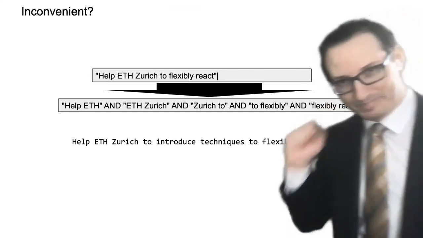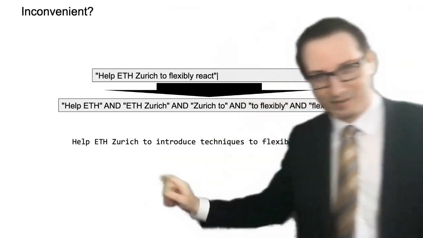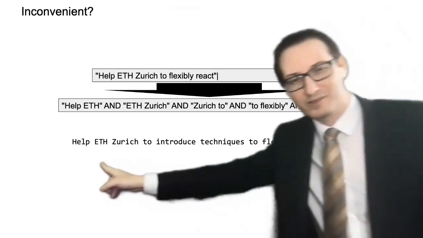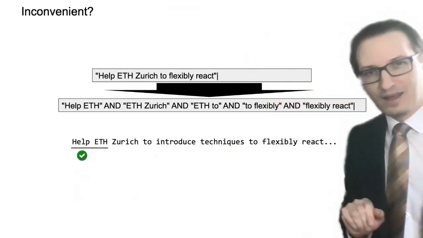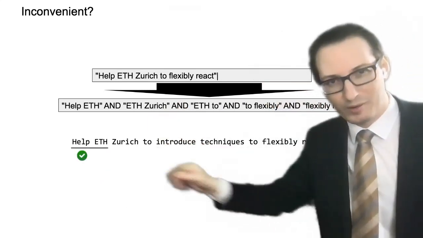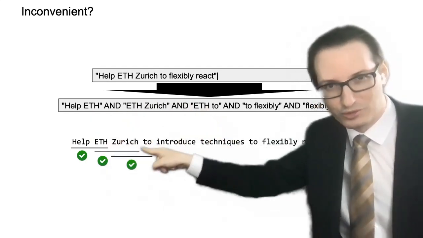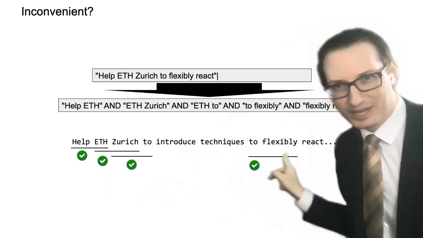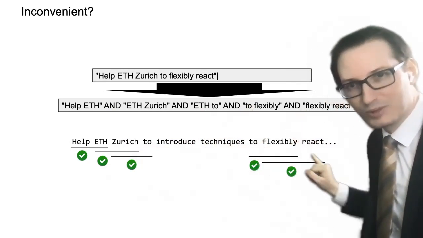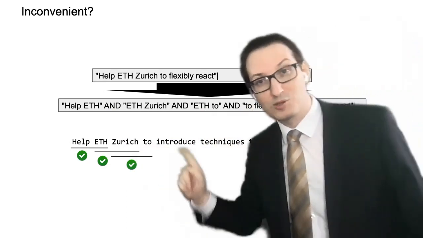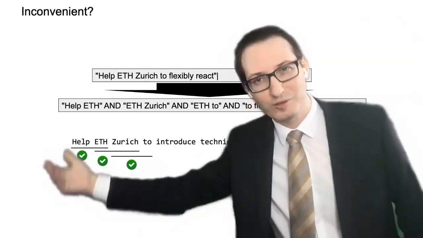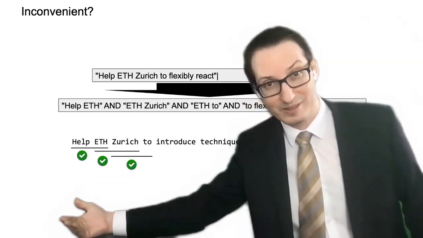All right, so now coming to the answer you just gave. This is probably what you meant. Here's a potential document that could have been returned by this query, right? Because help ETH, check, ETH Zurich, check, ETH2, check, to flexibly check, and flexibly react there. So this document would actually come out of the intersection of the postings list.